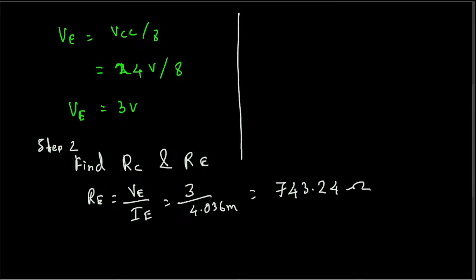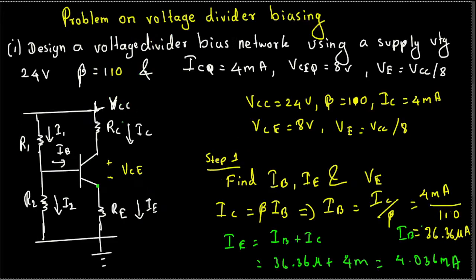Okay, the next one we had to find is RC. In order to find RC, we can apply KVL around the outside of the transistor. Inside is this, outside is the straight line, like if you go from top to bottom, that's the outside.